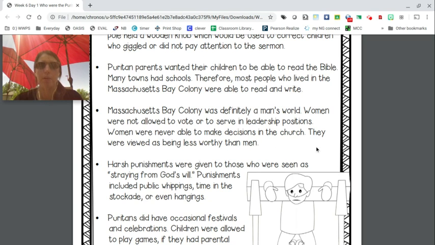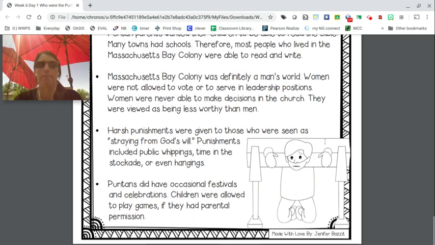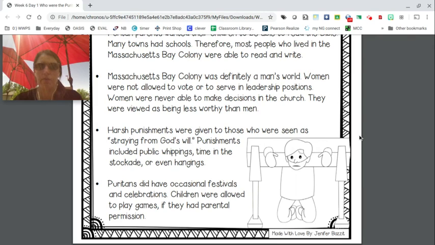They were viewed as being less worthy than men. Harsh punishments were given to those who were seen as straying from God's will. Punishments included public whippings, time in the stockade, or even hangings. Puritans did have occasional festivals and celebrations. Children were allowed to play games if they had parental permission.